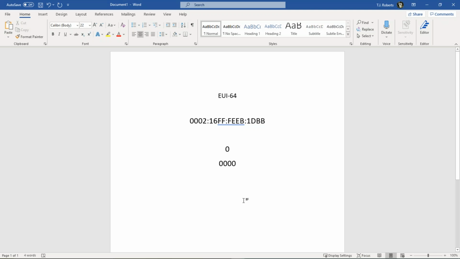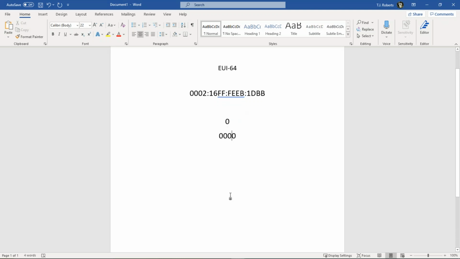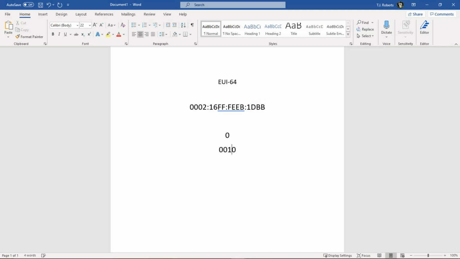I forgot the hexadecimal conversions. We don't need it for this one, but you're going to need it eventually, so I'll show you that in just a second. Right now, all you have to do is flip the bit. Right now it's a 0, so you turn it into a 1.